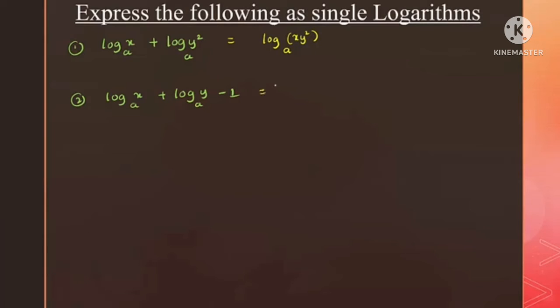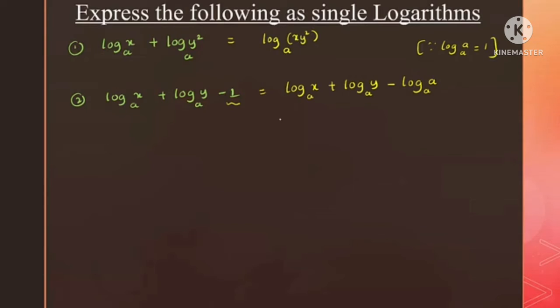I am going to write it as log x to the base a plus log y to the base a minus, in place of 1 I am going to write log a to the base a, because we know that when argument and base are the same then it is equal to 1. So in place of 1 I can write log a to the base a.